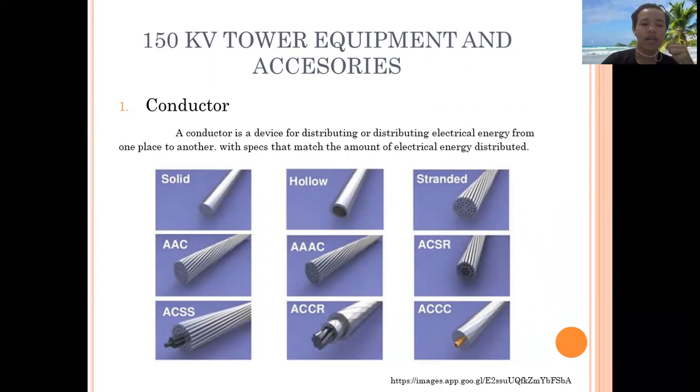Below is an example of a conductor, usually a transmission conductor. The name of the conductor is below the description. The spec of the conductor, such as the example, is ACSR. ACSR describes aluminum conductor, steel reinforced cable, like this in the picture.